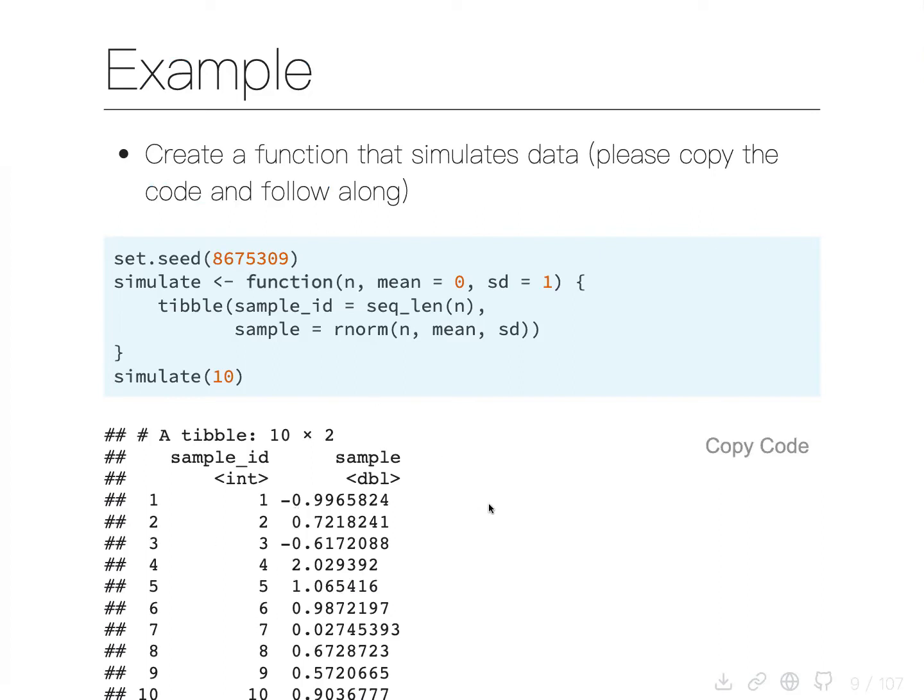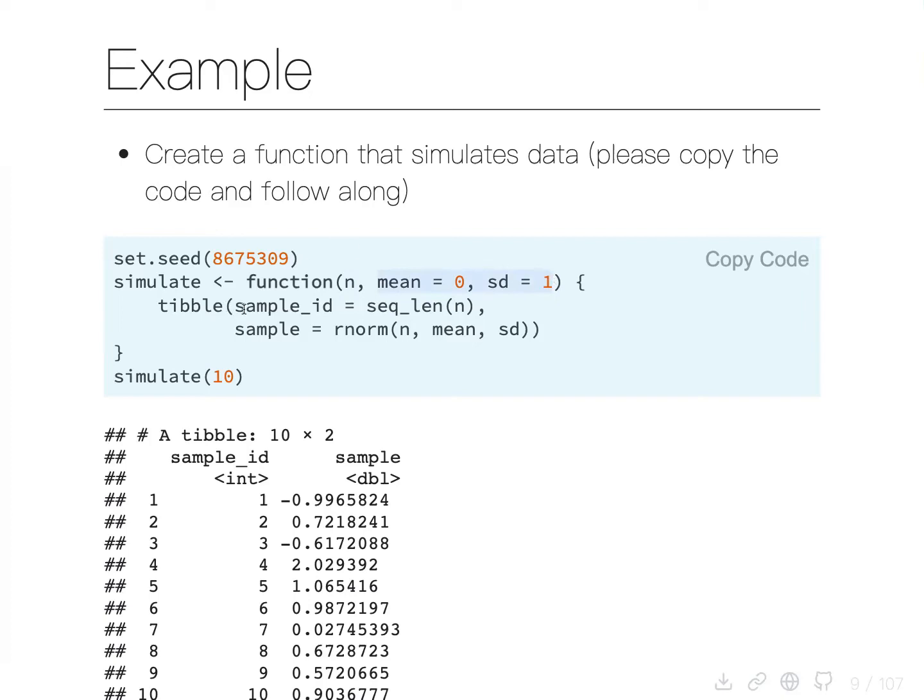Okay, so what we're doing here is creating a function that simulates some data. This function takes an argument n, which is the number of cases we want to draw, and it has default values for the mean and the standard deviation, but we can change those if we want to.